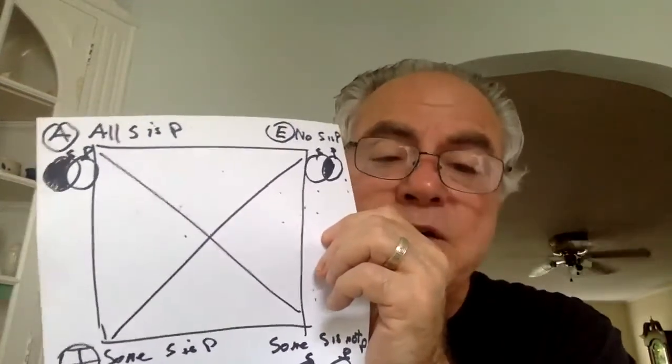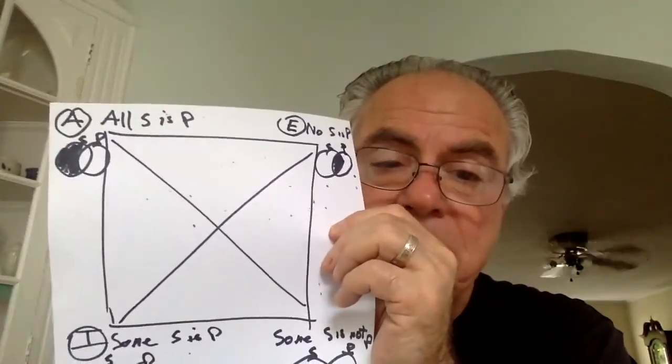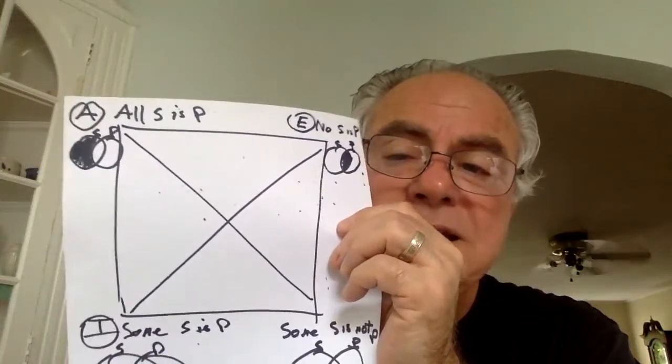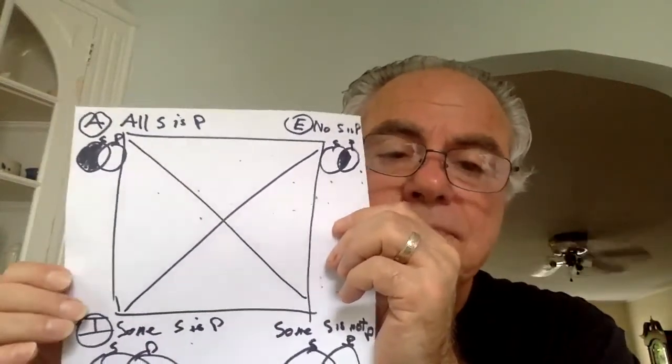Learn how to diagram an A proposition. If I say all S is P, you have to think to yourself, there's no S that's not a P. Or think this way: if there is an S, it's going to be P. If I say all politicians are liars, what I'm really saying is that there's no politician that's not a liar.